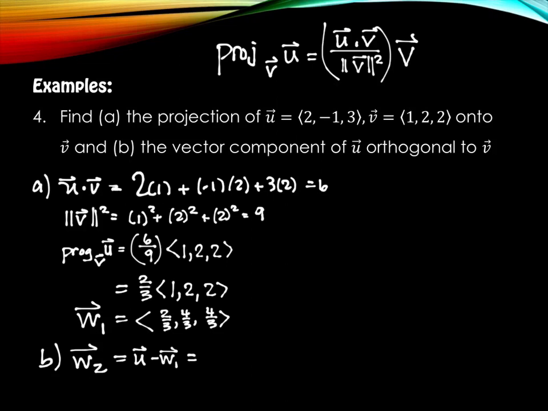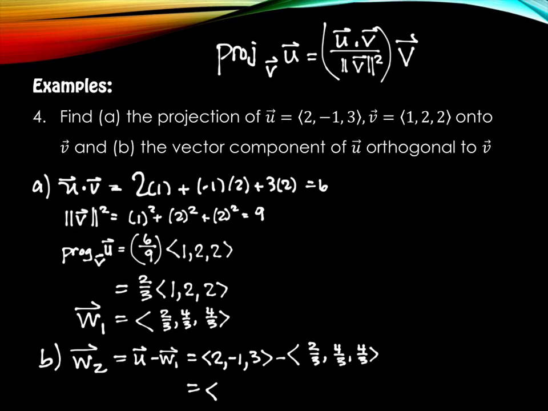And so we have, going back and forth, u is 2, negative 1, 3. And we're going to subtract 2/3, 4/3, 4/3.